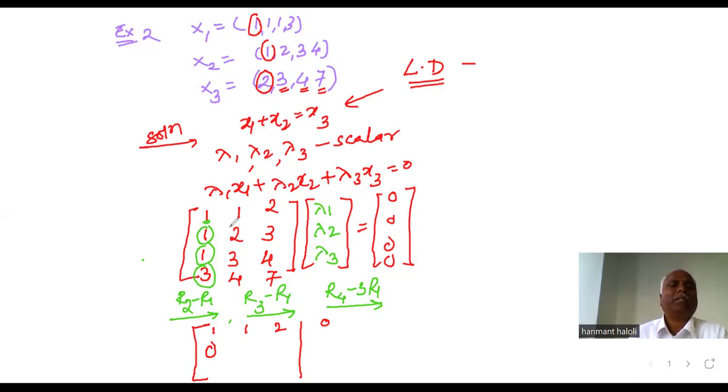Again, same subtracting. 2 minus 1 you get 1. 3 minus 2 you get 1. Augmented matrix 0. The next, 3 minus 3 times 1 minus 1, second row with third row with first row. 1 minus 1 is 0. 3 minus 1 is 2. 4 minus 2 again 2.